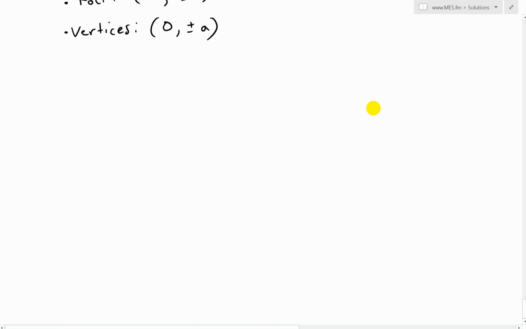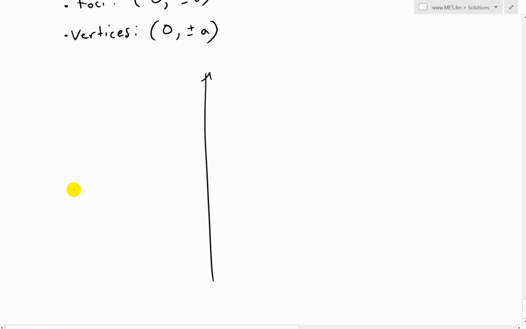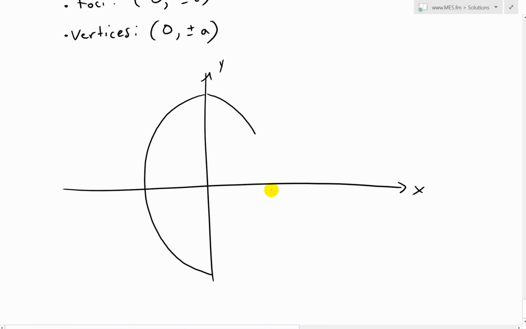And then if you were to graph this out, we get something that looks like this. This is the x, this is the y, and then we get a curve that looks like this across there, where these are the foci. This is at (0, c), and this is at (0, negative c), and then these points are the vertices. We have (0, a), and this part is (0, negative a).